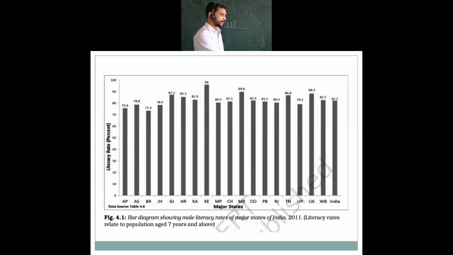For that purpose they have specifically mentioned this. They are taking the age information from 7 years to above, till old age, wherever. See, education never ends. If you are at the age of 50 also, you can study. Education never ends, remember this point.